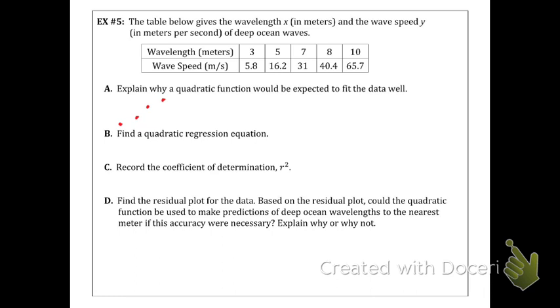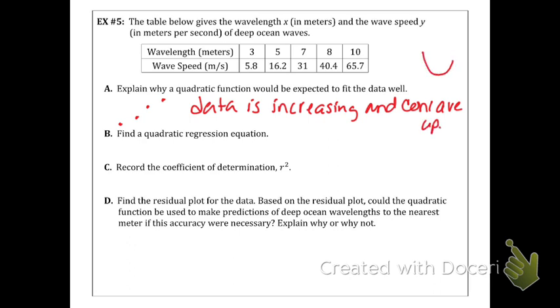So what we're seeing there is that the data is increasing and it's concave up. So it's looking like it's this piece of a quadratic. And so it tells us to find a quadratic regression.